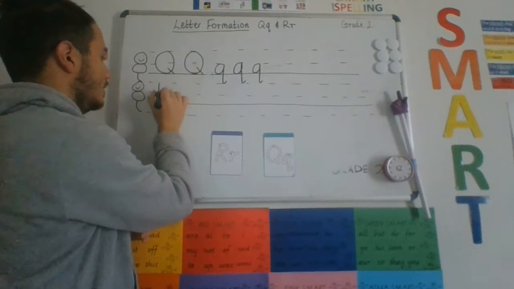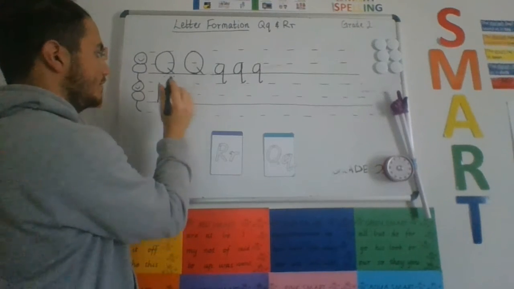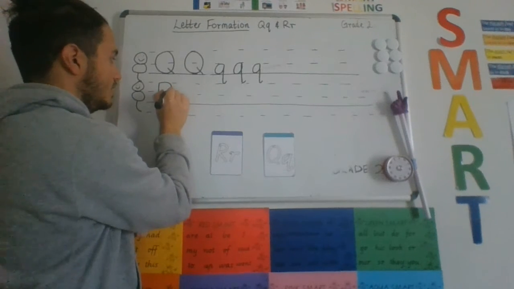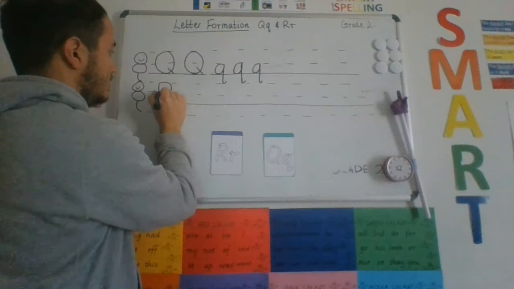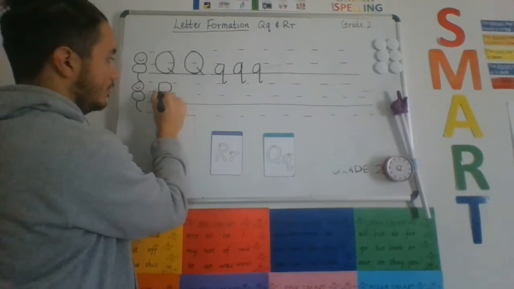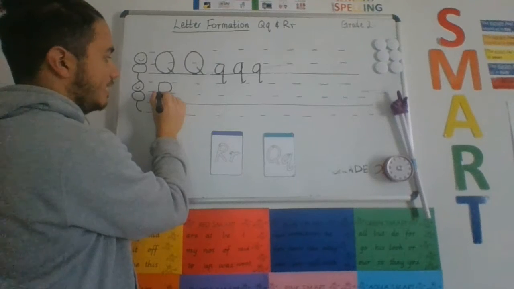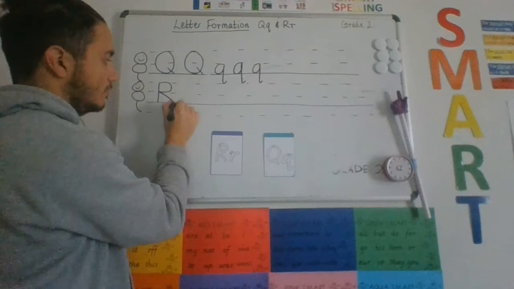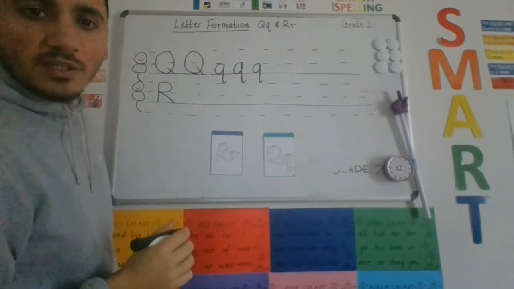So straight down, and we let go of our pencil, go back to the top. The first part goes just into the headline, like a P. But at this stage, I shouldn't have taken my pencil off, and then I do my diagonal line to finish the R.